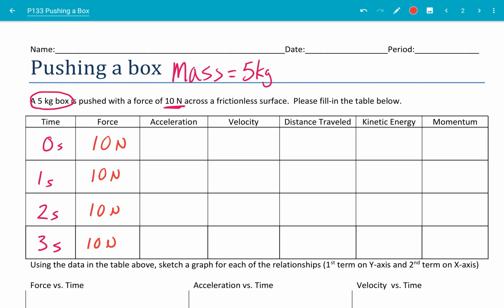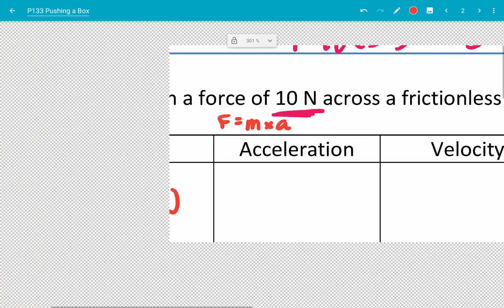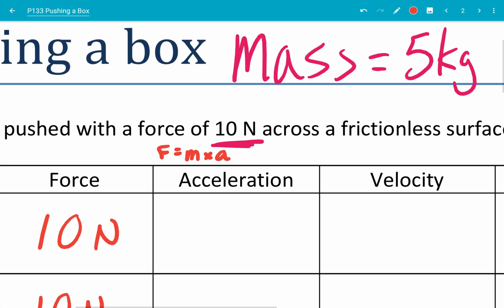Now, the next part, this is where we're going to have to start using our formulas. If we're applying a force to a box and it's on a frictionless surface, then the box is going to be accelerating. And the way that we calculate acceleration is F equals m times a, right? So our force, we have in our column right next to it, and our mass, we already know is 5.